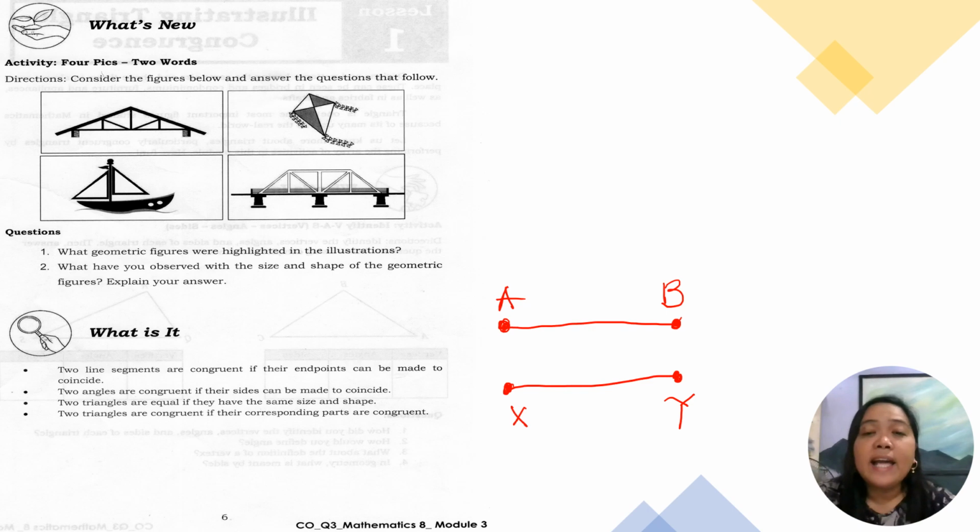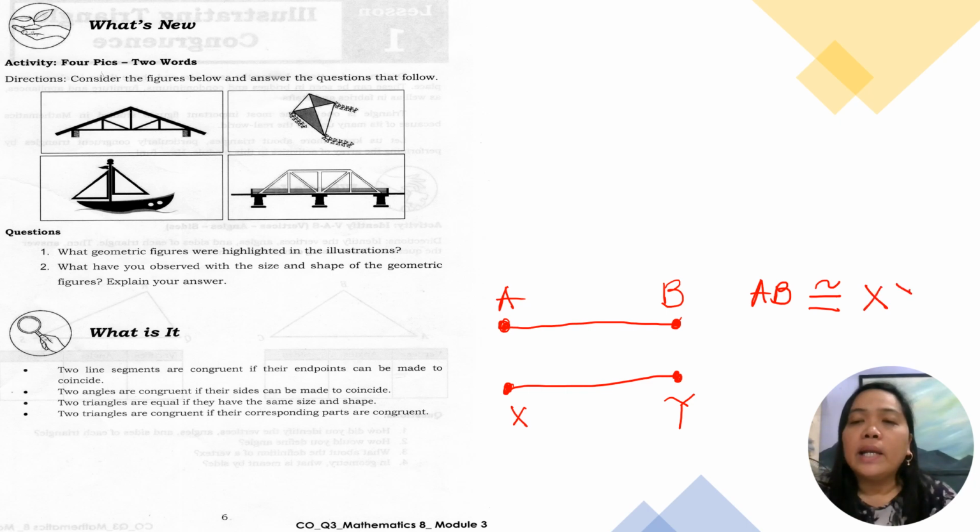Having no less or no more, as long as segment AB coincides or fits together with segment XY, then we can conclude that AB is congruent to XY.